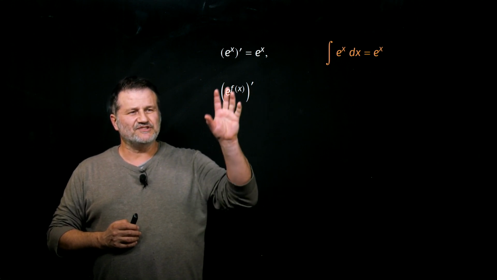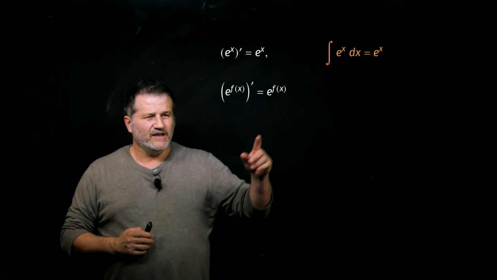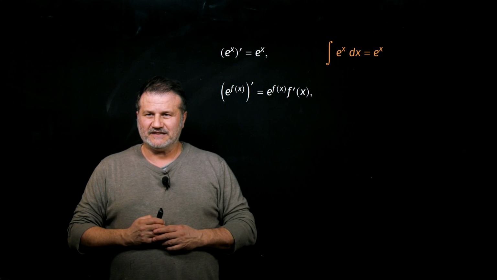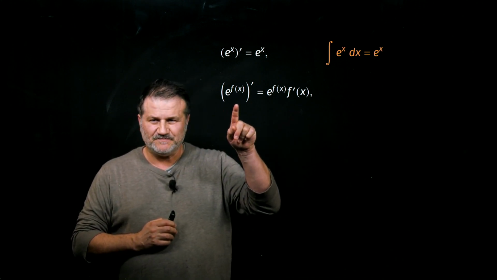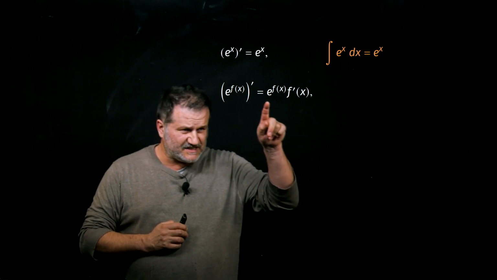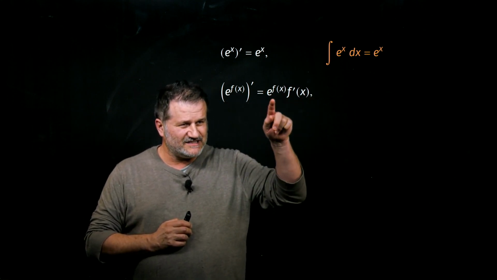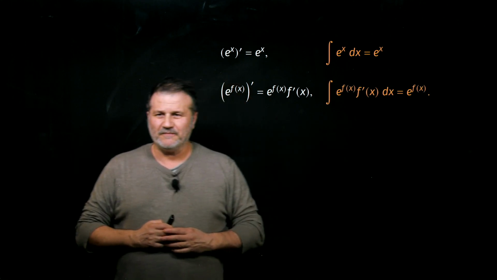We may notice that the derivative of this is, by the chain rule, e to f of x times the derivative of the argument, f prime of x. This formula says that e to f of x is a function whose derivative is this thing. So in particular, this means that the primitive for this is e to f of x, which is written in this formula.